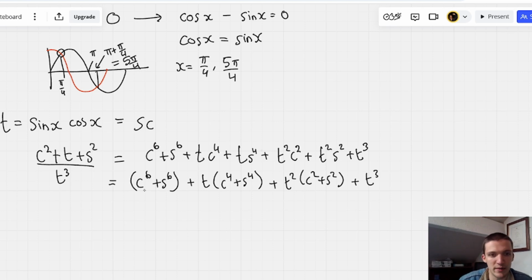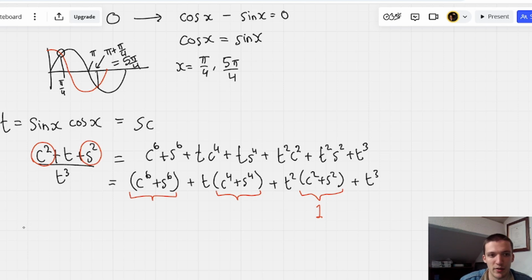Now I've got some relatively simple polynomial terms here, and I can figure out what each of these is. Well, straight away this is just 1, because cos squared x plus sin squared x is 1 by definition. That just follows from Pythagoras. And similarly, I've actually got the same thing here, c squared plus s squared.